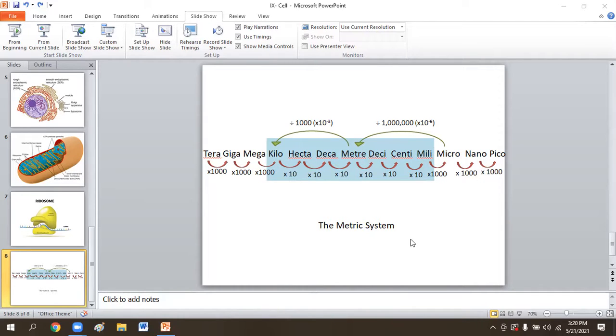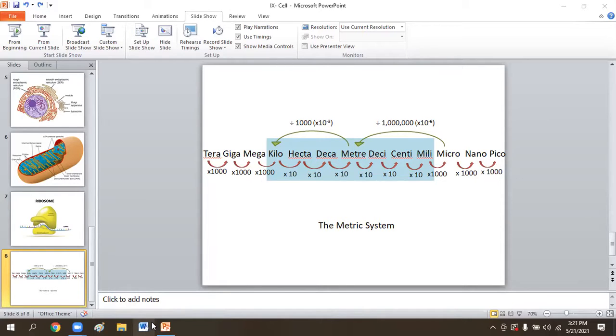Ma'am, another question is there, 2.5. Yes, the mitochondrion in figure 2.9 is magnified 20,000 times. Can you do that one? Yes, wait, let me open the book. That's on page number 23.